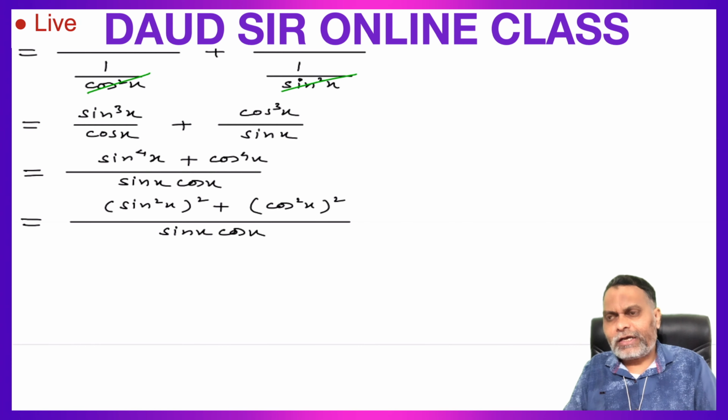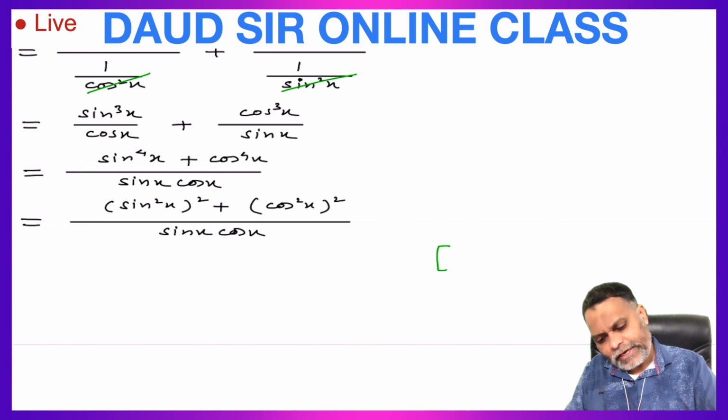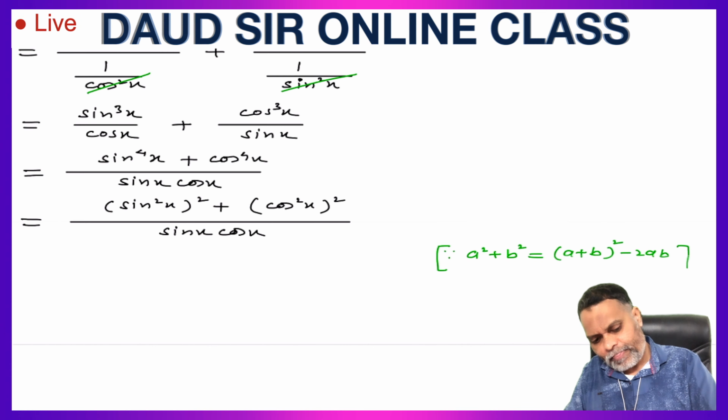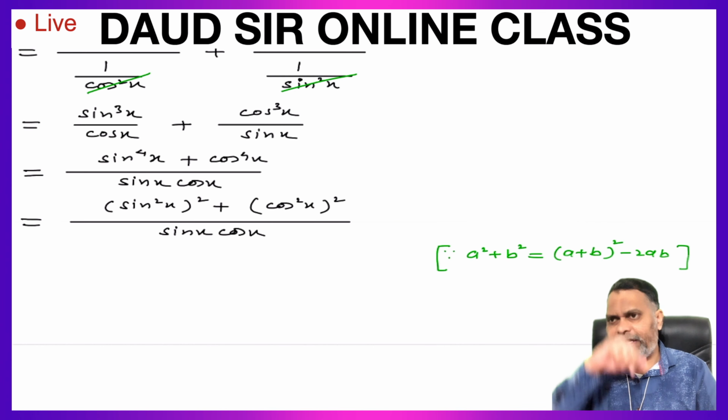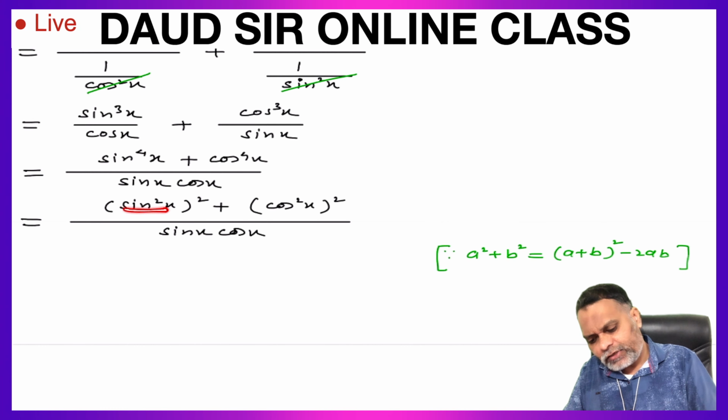Now in the numerator we can apply the identity a square plus b square. Since a square plus b square is equal to a plus b whole square minus 2 times ab, this identity we can apply here. So a is equal to sin square x, b is equal to cos square x.